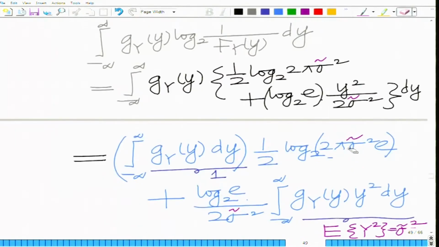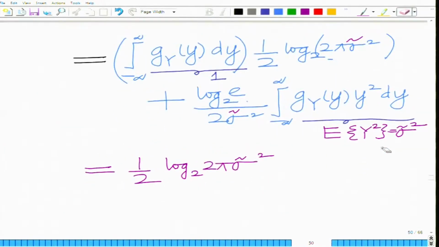Two pi sigma tilde square, half log to the base 2 of 2 pi sigma tilde square, plus log e to the base 2 into 1 by 2 sigma tilde square into sigma tilde square.